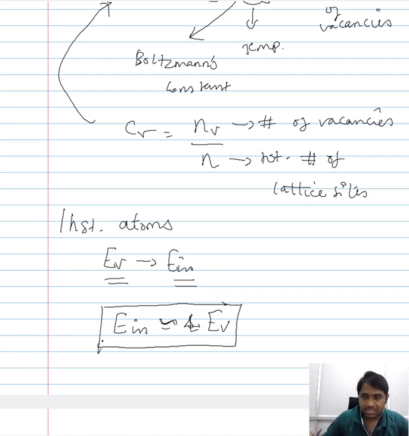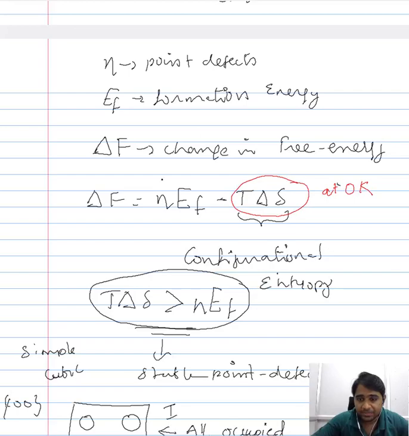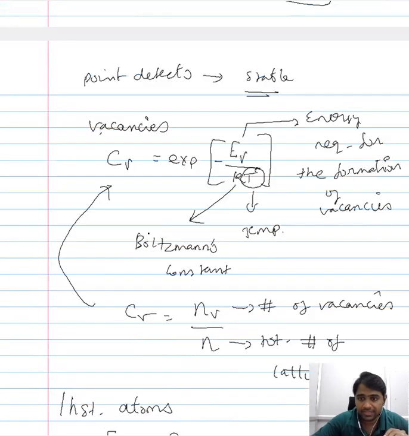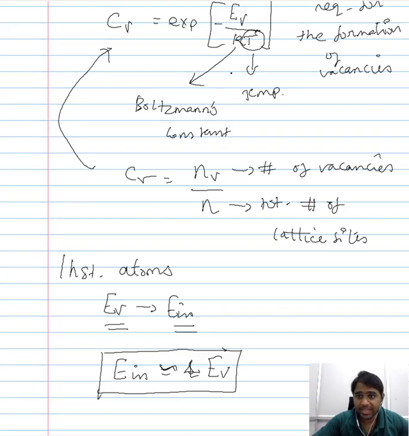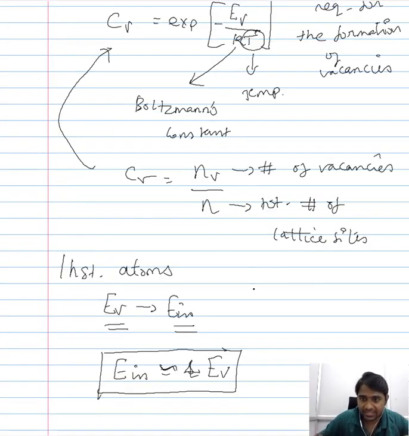In this discussion here, we've been considering just the point defect as a whole, N as a point defect as a whole. However, here we are differentiating vacancies and interstitial atoms. This is primarily because energy required for the formation of vacancy is less than the energy required for the formation of interstitial atoms.